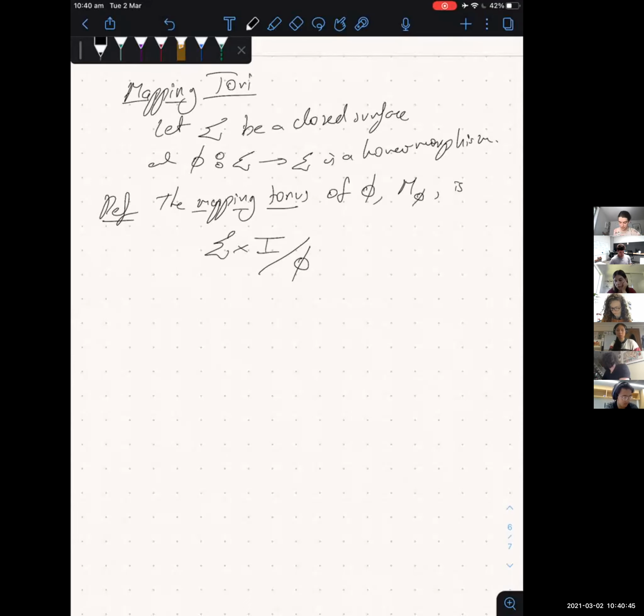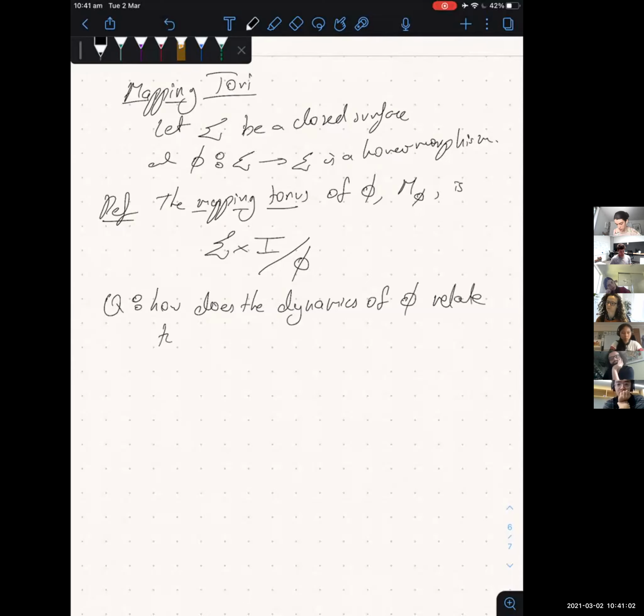So a pretty general question you might ask is, how does the dynamics of our map relate to the geometry of our three manifold?